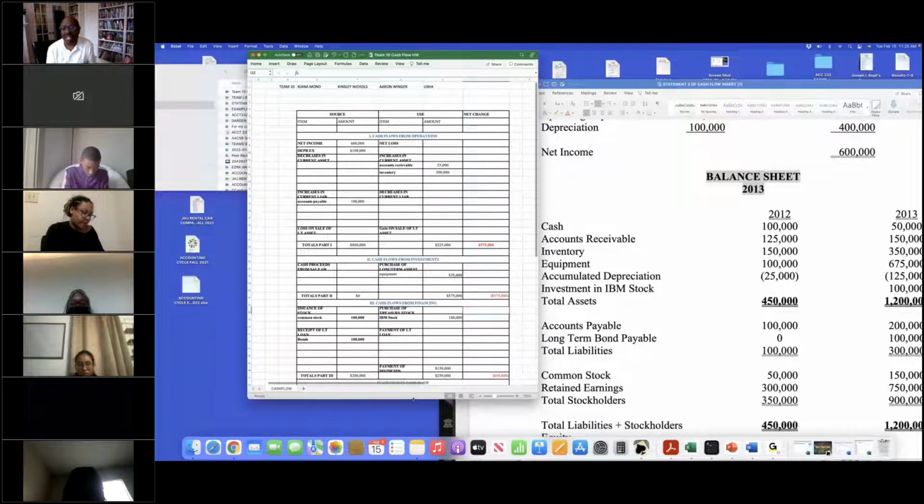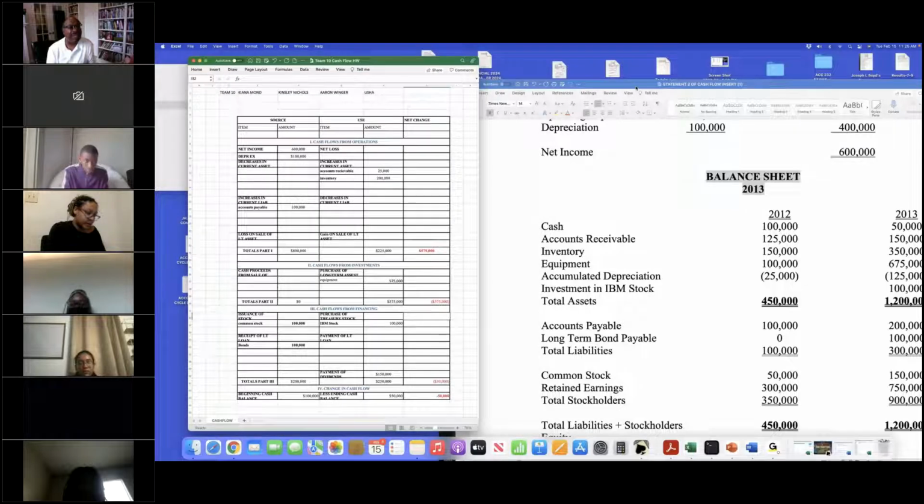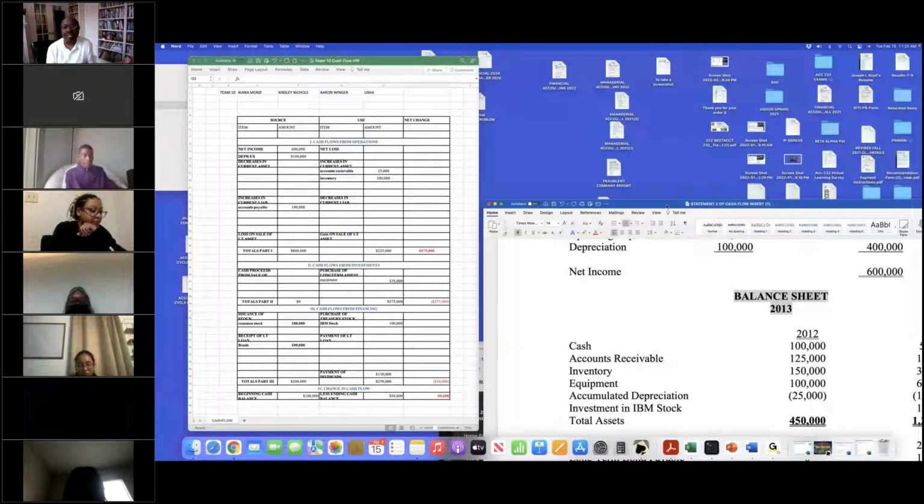So the change in cash is a minus 50,000. What's the second thing?